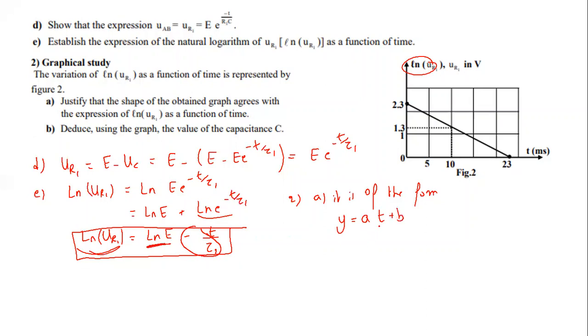So it's of the form y equals at plus b. Yes, it's true, it's a line, and it is a line not passing through the origin.